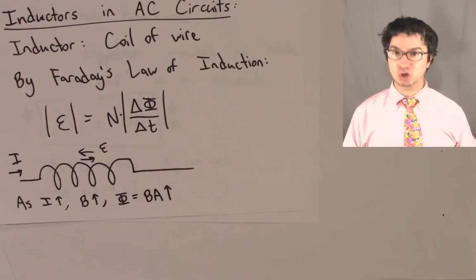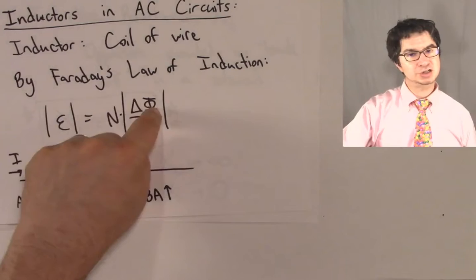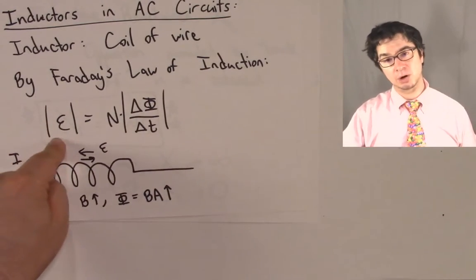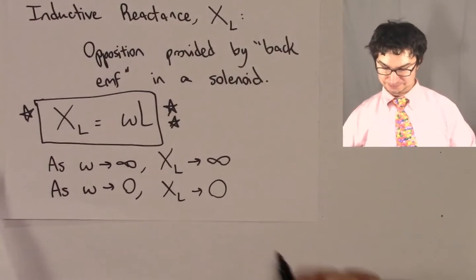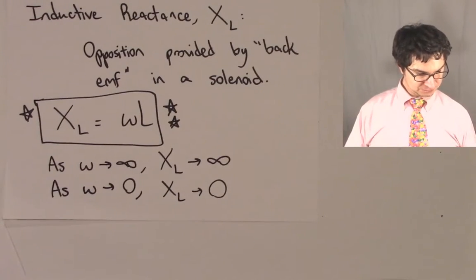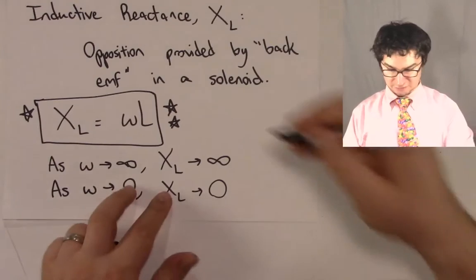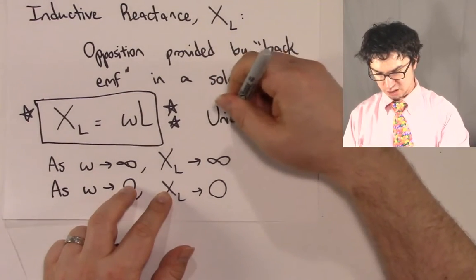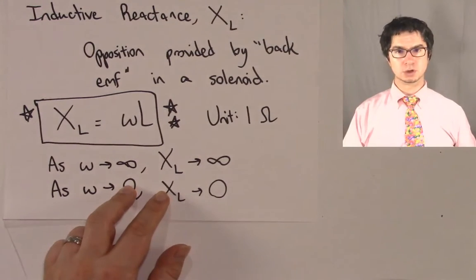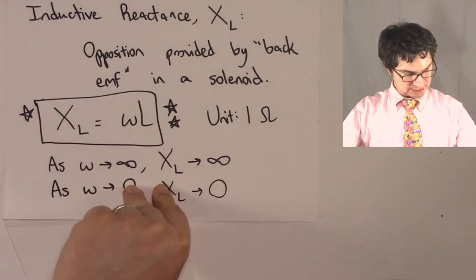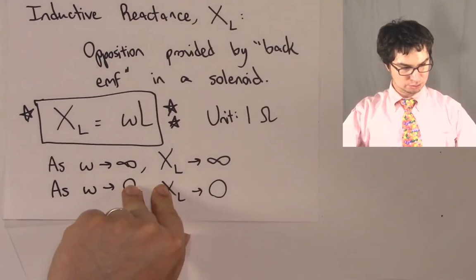It's happening very slowly. And a slow change in flux with respect to time is going to mean a very small back EMF, which will mean a very small inductive reactance. Okay? So that's very, very interesting. And the unit, of course, is going to be the ohm. All right, very good. Let's move forward.